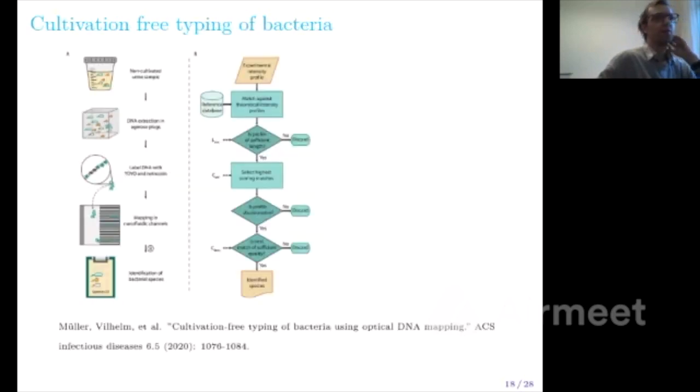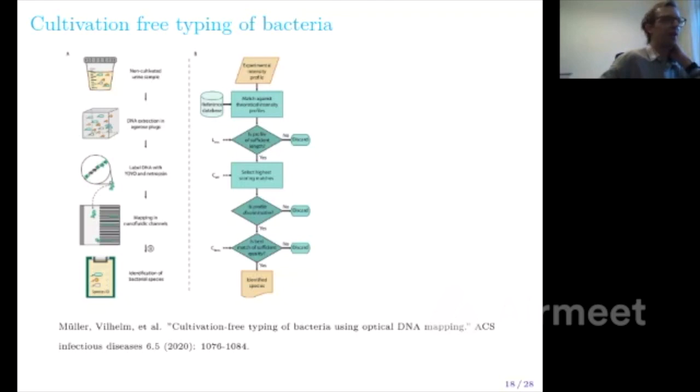Right, and so once the study was done, we continued with another application where we wanted to find species of bacteria using optical DNA mapping. And in this case, we again developed a workflow with collaborators. In particular, it was former PhD student Wilhelm Muller, who was doing really great things here.